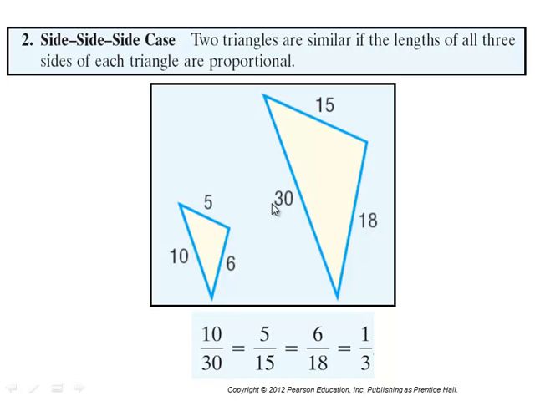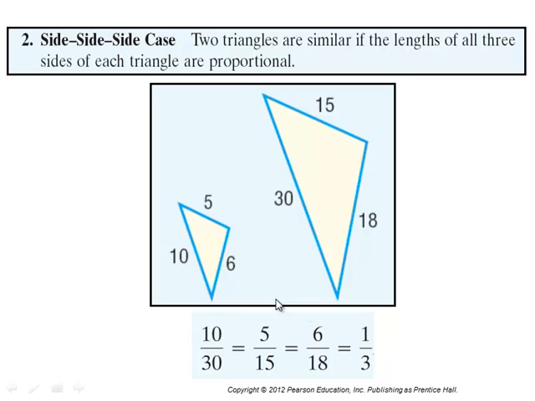Now 10 is to 30 as maybe 5 is to 15 for these corresponding smaller sides, as is the ratio of this third side is to this other third side. So 10 is to 30 as 5 is to 15 as 6 is to 18. All have that same ratio of 1/3.